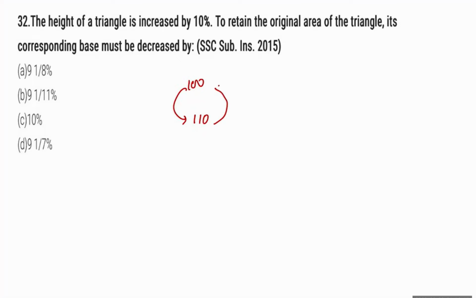To retain the same area, the height is increased by 10, so it becomes 110 from the original 100. So the decrease will be 10 upon 110, so the answer is equal to 100 by 11, which is 9 1 by 9%.